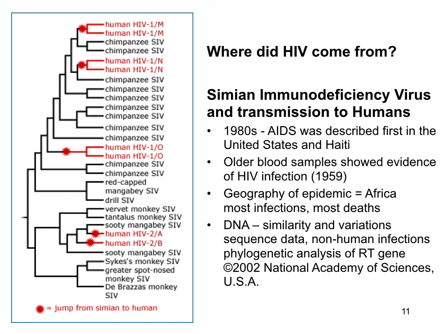These sooty mangabeys are small monkeys that people sometimes use for food. And so this probably got into people when they were using wild animals as a source of food. As they were cleaning the animals, some of the viruses from the animal wound up in people. And so we see the most common types of HIV, HIV-2, as coming from that.